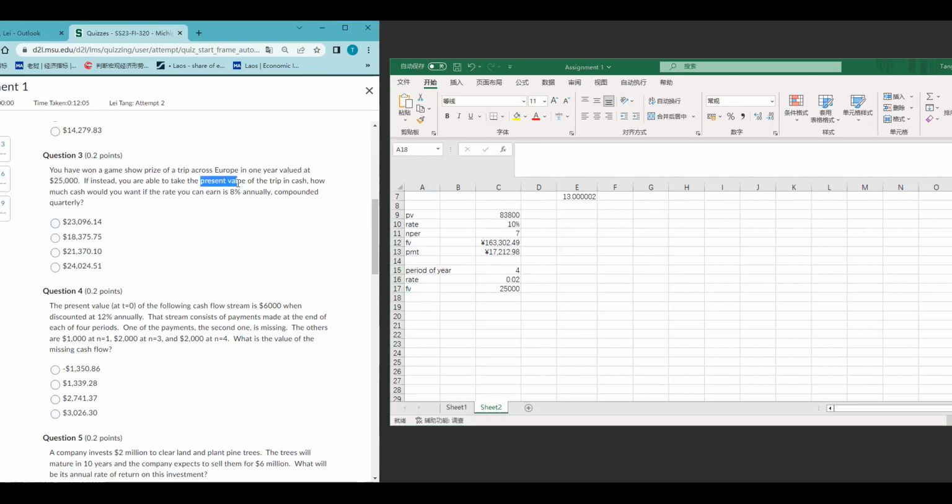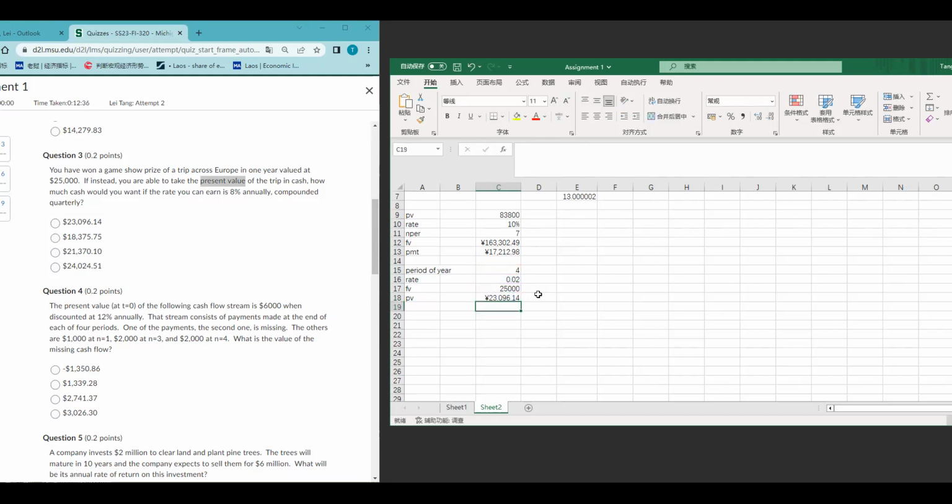We try to find the present value of this trip value, so we use the PV function. Rate is 2%, NPER is the number of periods, PMT is 0, and future value is here. It's gonna be negative.